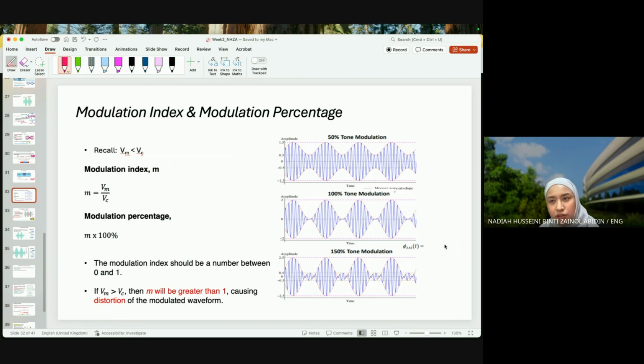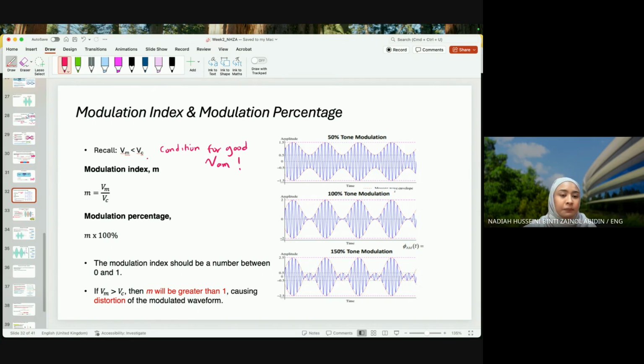Okay, so now that we talked about the AM modulation concept and the equation, let's talk about modulation index. What makes an AM wave good or bad? Recall that we have VM less than VC. This is the condition for good AM. Modulation index is calculated by VM over VC.